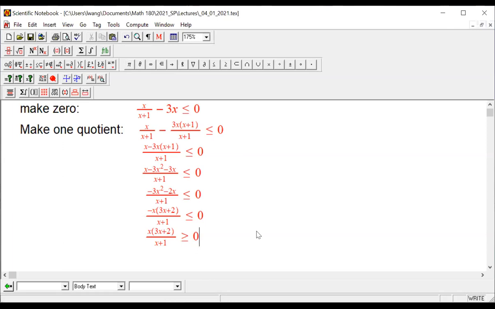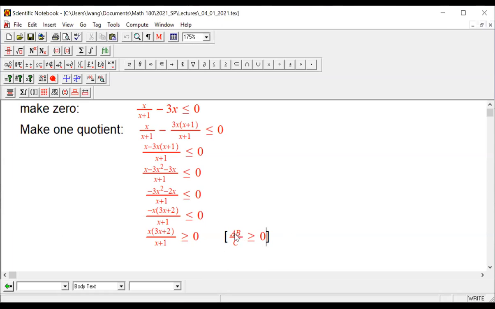So now we have this quotient, we have factoring, we have 3 factors. So how do we view this? We basically view this as A times B divided by C, and we want that to be greater than or equal to 0. How many cases could there be?